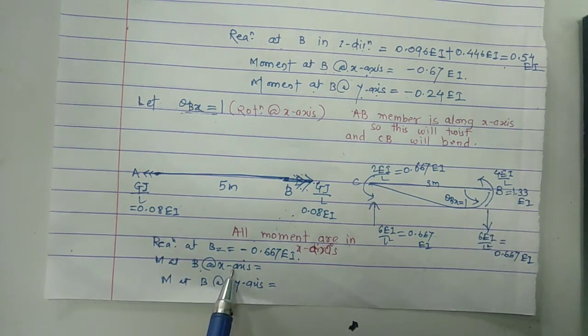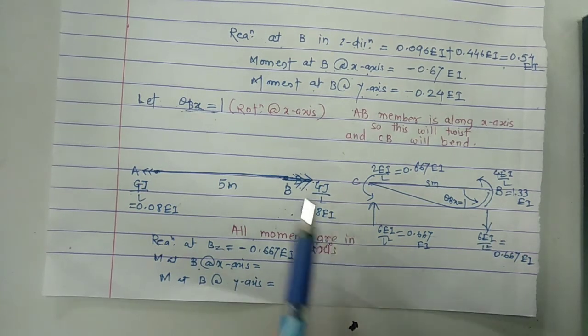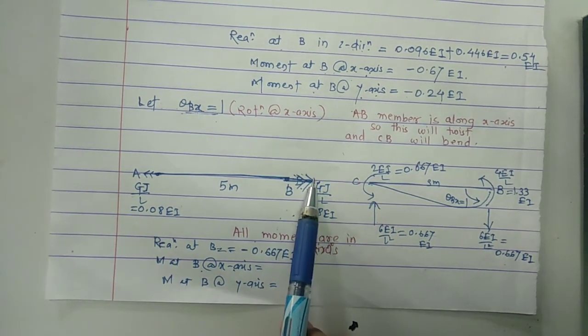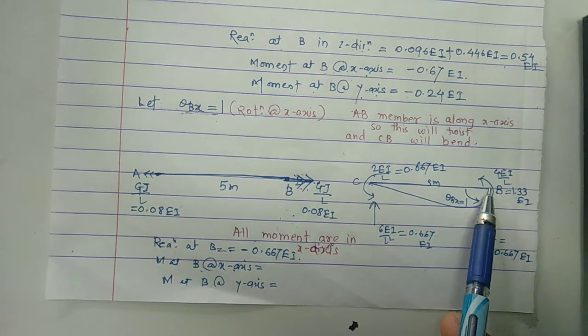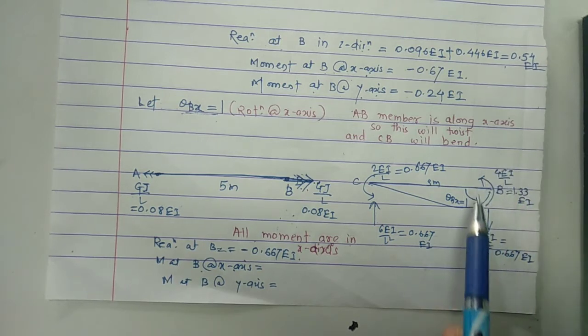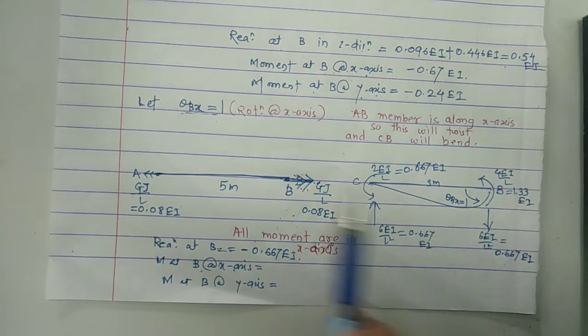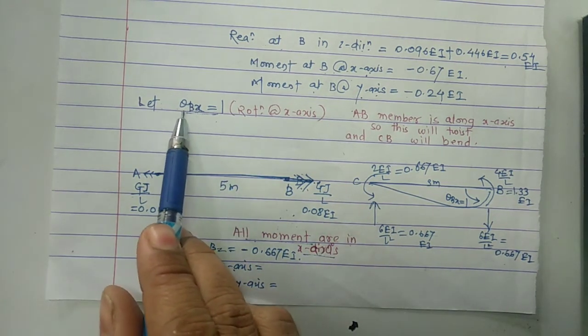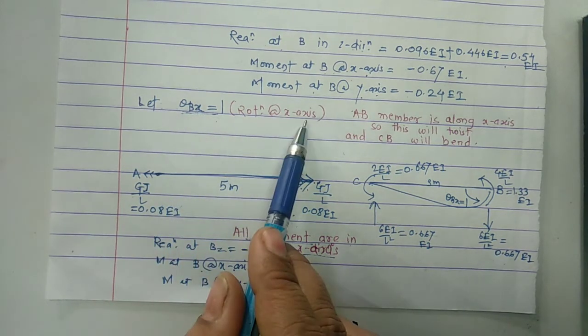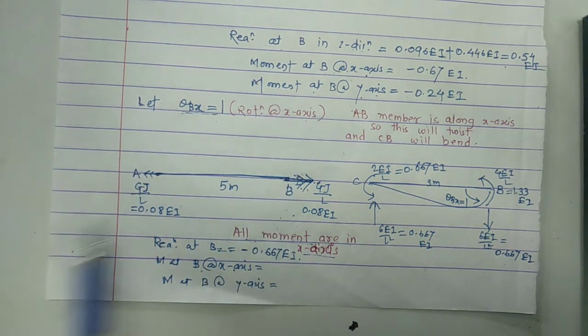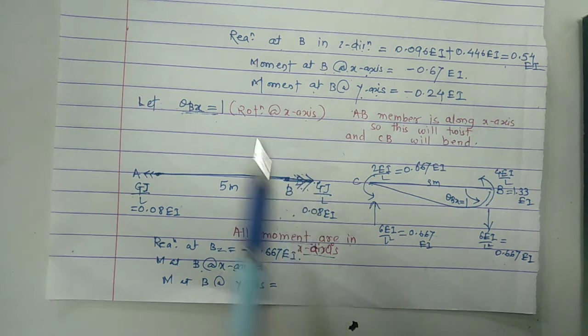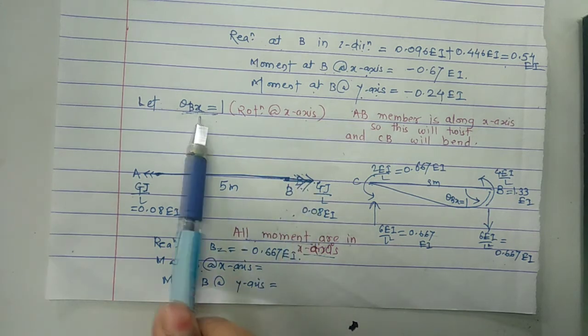Now moment at B about x axis, so see at B point this is the moment GJ upon L. Second, at B point this is the moment 1.33 EI. Okay, now both these moments are along x axis, as the theta bx rotation about x axis is applied. So moments caused because of giving rotation about x axis are about x axis.